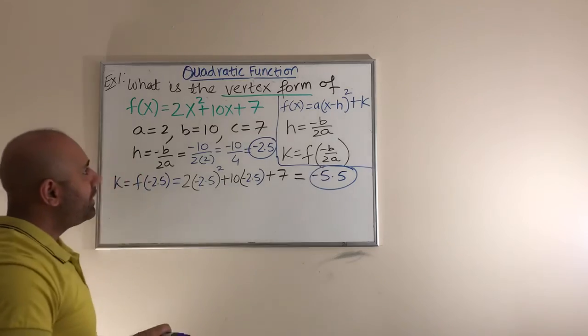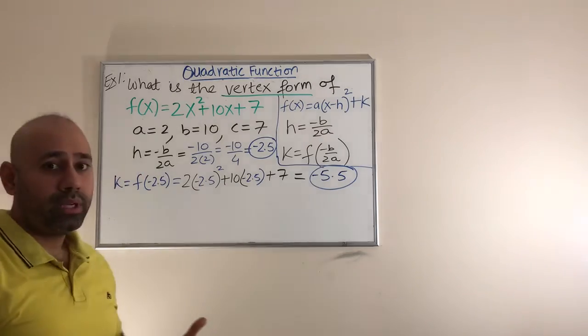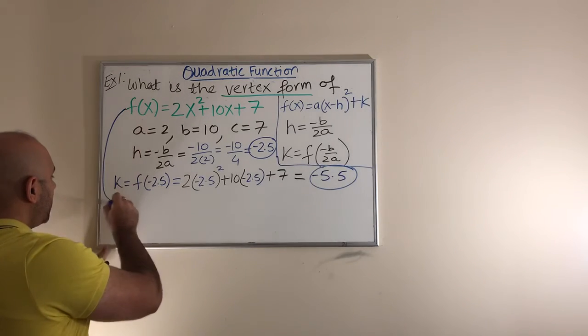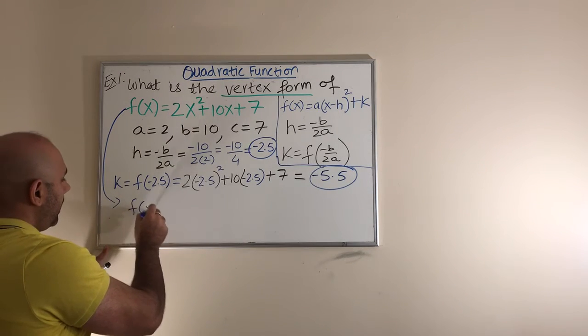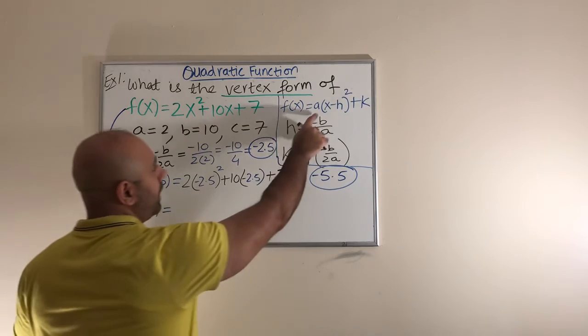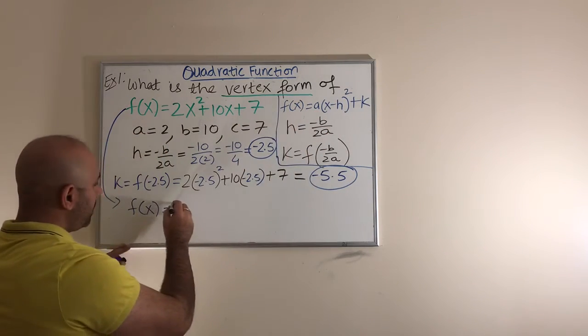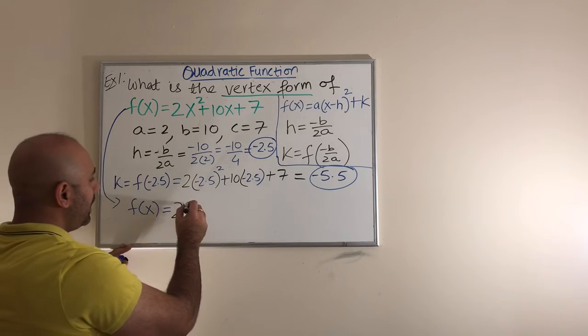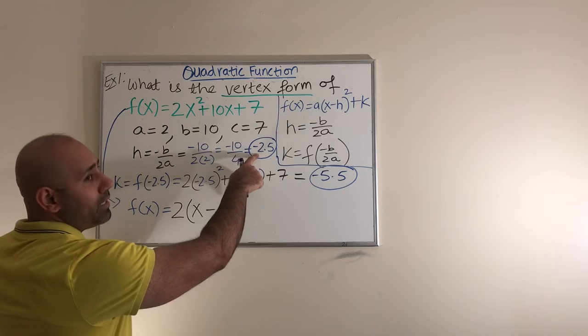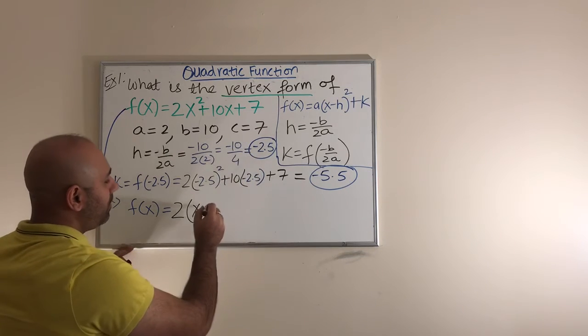So I think we have everything that we need in order to write the vertex form. So now let us write the vertex form for this. The corresponding vertex form would be f of x equals a, which is 2. I already know it's 2. And then I have x minus, and then I have another minus here. So those two negatives are going to make it positive.